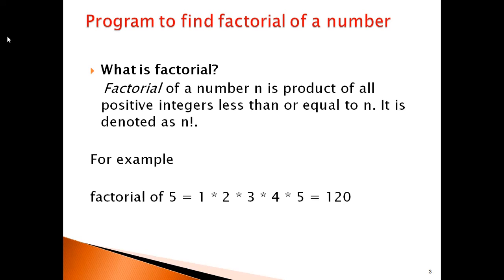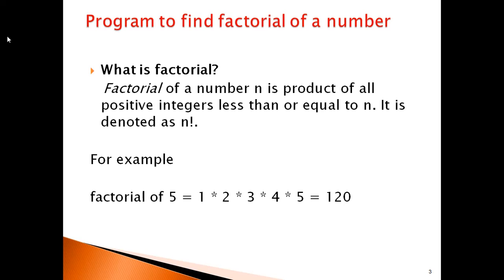For example, to find the factorial of 5: by the definition, it is the product of all positive integers less than or equal to 5, which are 1, 2, 3, 4, 5.